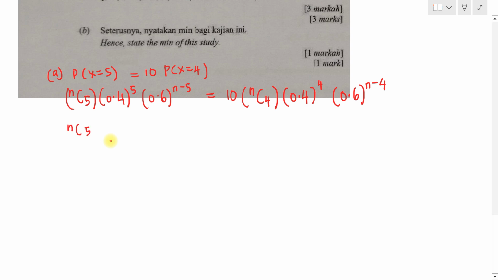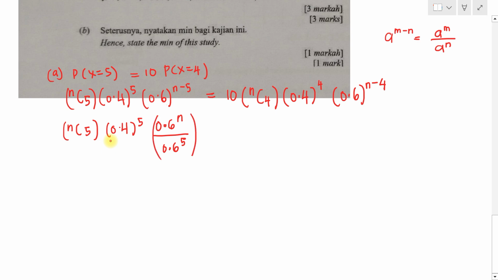We don't want to disturb this for now. Let's solve the numerical part first. And 0.6, if you see a power m minus n, remember the law of indices, a power m over a power n. We decompose this into that. So what you get is 0.6 power n over 0.6 power 5.